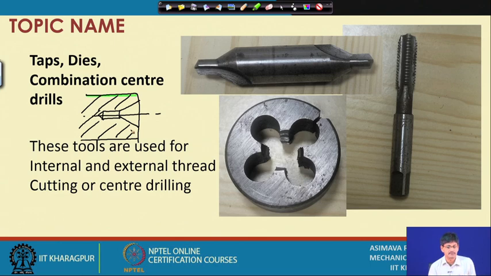What is the use of such a hole? Such a hole allows us to put a center inside this, which holds it properly and locates the axis of the body of this hole aligned with this particular center.